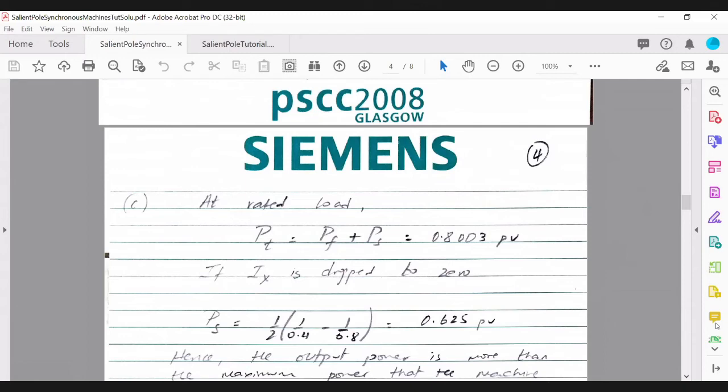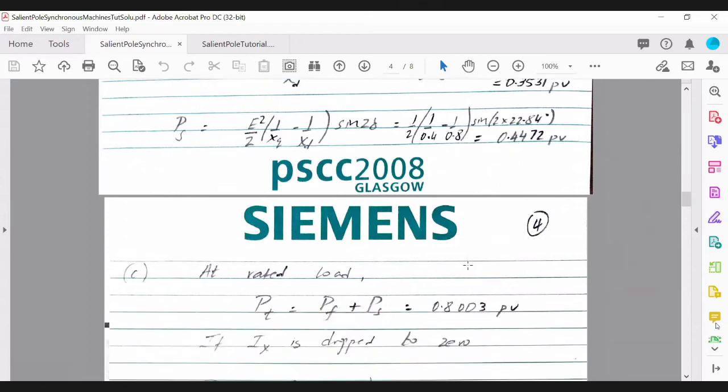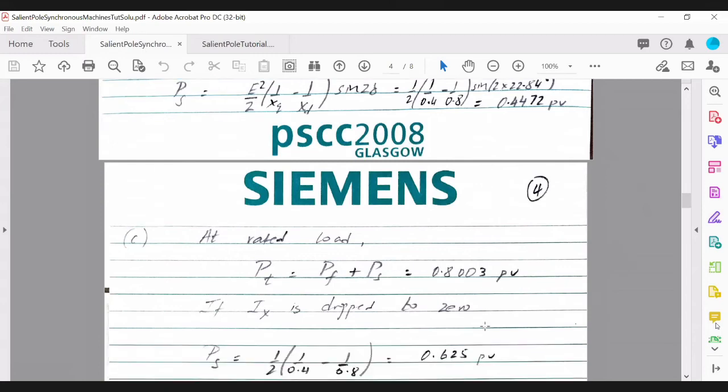So if you look at what the total power is prior to the field current being dropped to zero, you can see that when you add those two components, the field power and the salient power, the total power that the motor is delivering is 0.8003 per unit, right? So that's the power the motor is delivering.